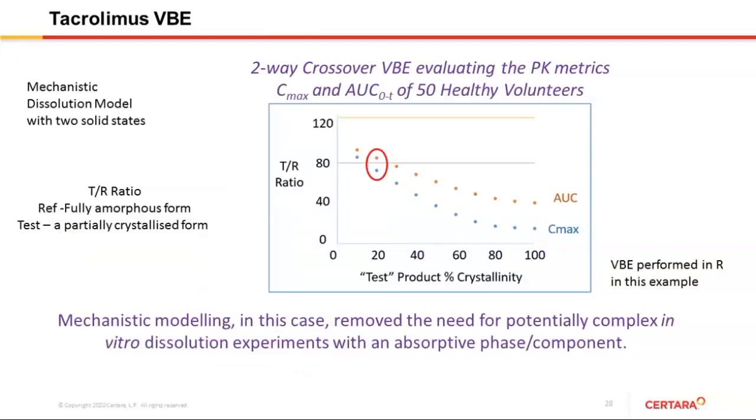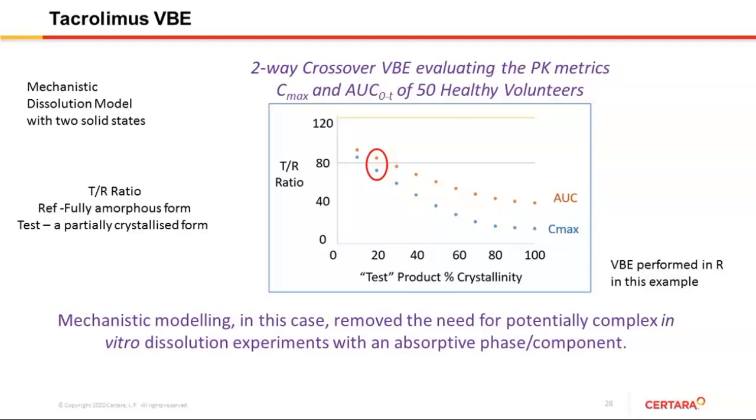So we performed a two-way crossover, virtual bioequivalence, to look at this, evaluating the metrics Cmax and AUC in healthy volunteers. So along the bottom axis here, we have test product crystallinity, so increasing degrees of crystallinity. The TR ratio here is basically the reference is the fully amorphous form.